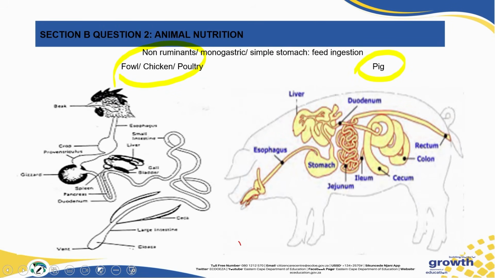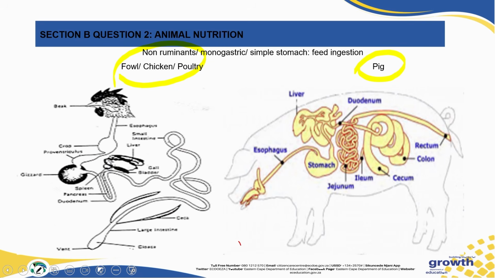So we will talk of them now, looking at the fowl. We'll start from the ingestion of food as we are moving with the structure of this farm animal. And we will continuously compare this fowl with that of a pig.